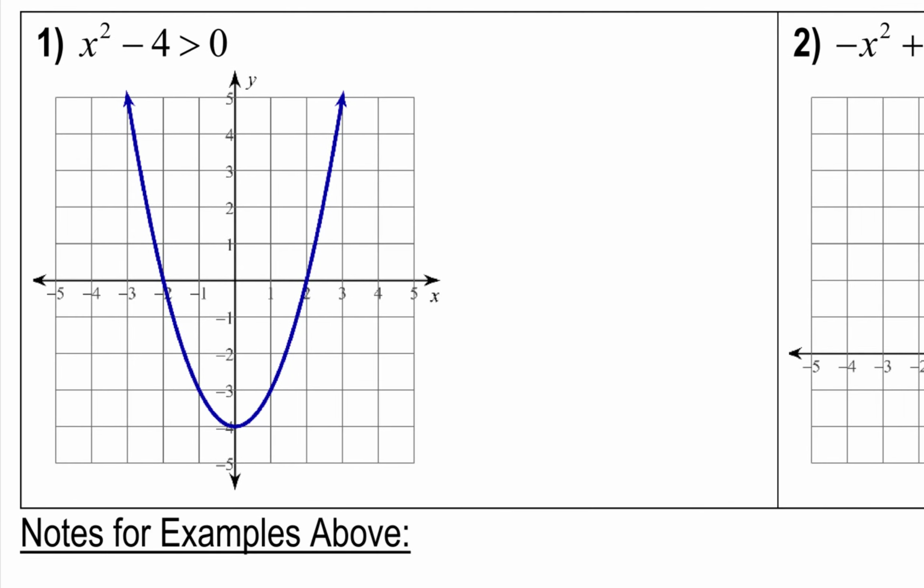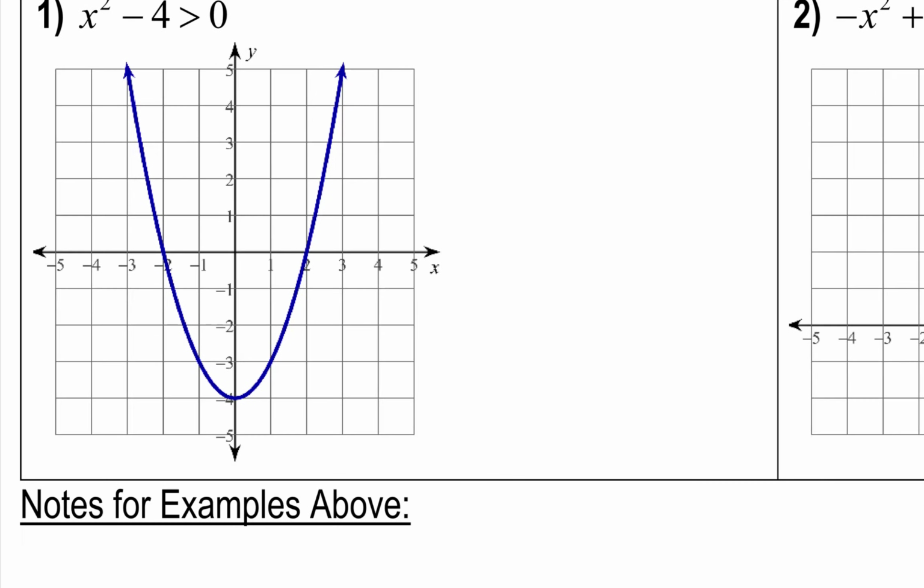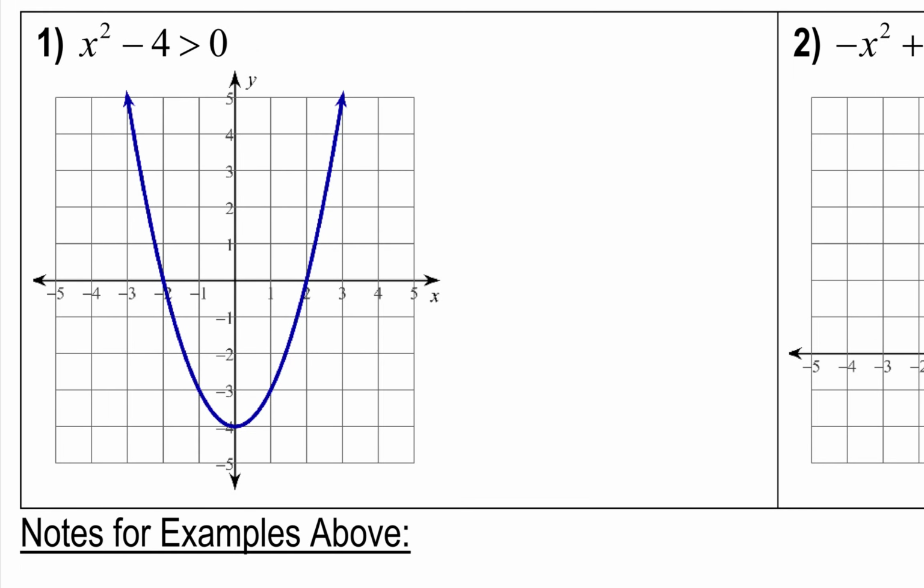Okay, so let's just look at the graph and the equation. Notice on the equation we have greater than, not greater than or equal to, not less than, and so on. So we have greater than. What that means is I want to be greater than 0.